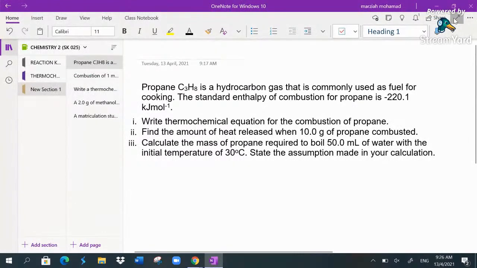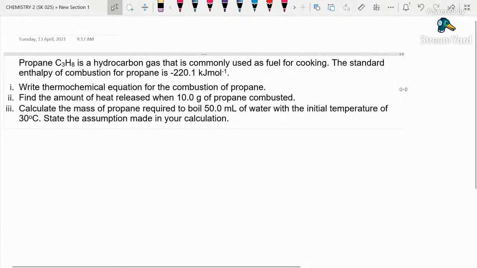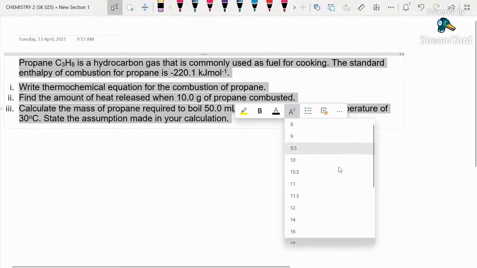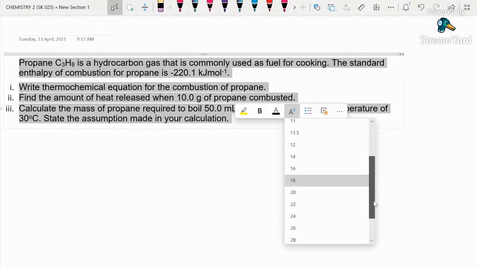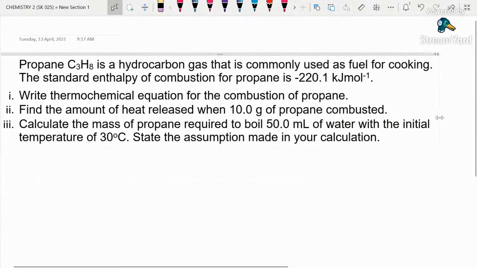Okay, so this is for question number 1. How we can solve this problem? Maybe I can enlarge the question. Alright.